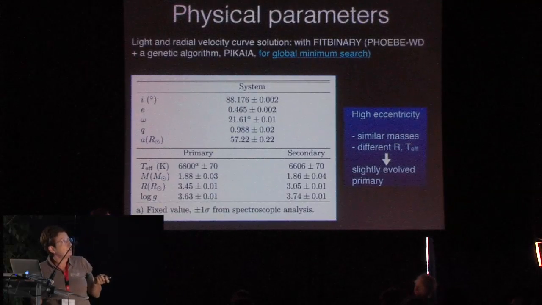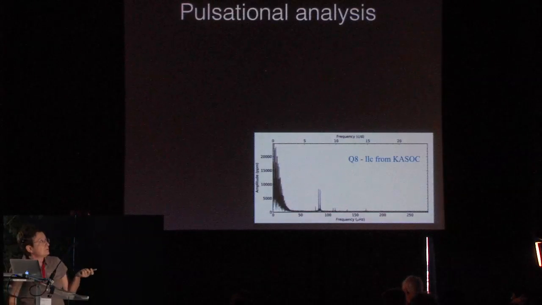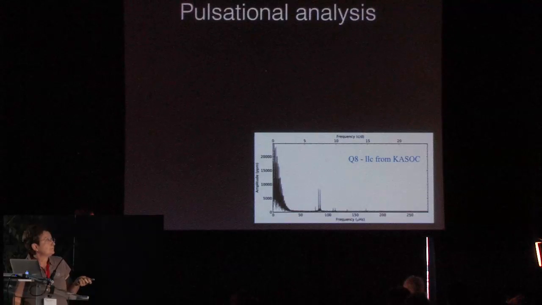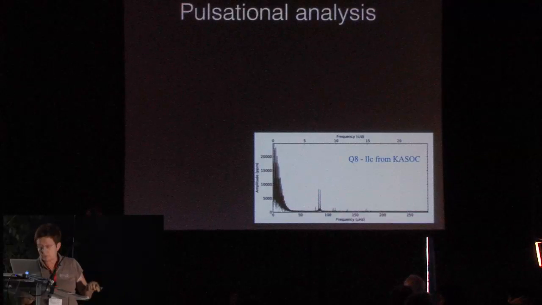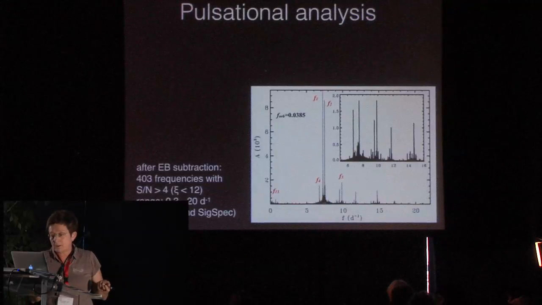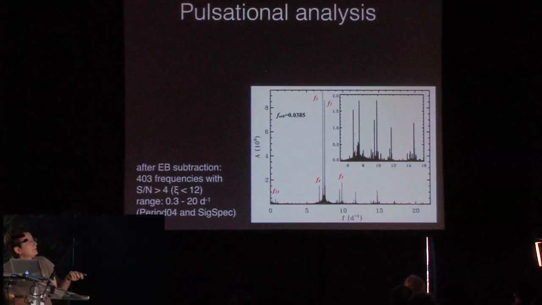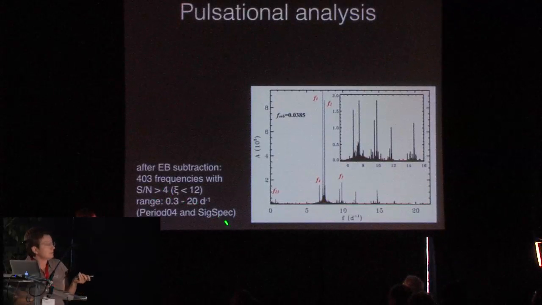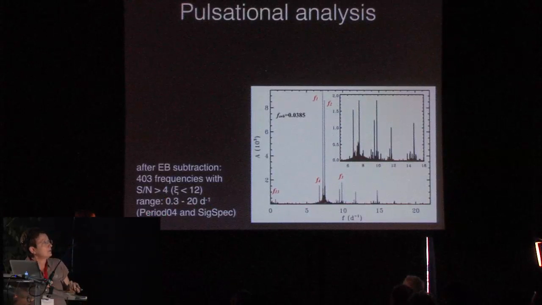Then another thing we did is to try to extract information from the pulsation through the pulsational analysis. So this is what you get from CASOC with the binary. This you cannot use as it is, of course, but you take out the binary, you get a much better frequency spectrum, and you see frequencies in this range from 0.3 to almost 20 per day.